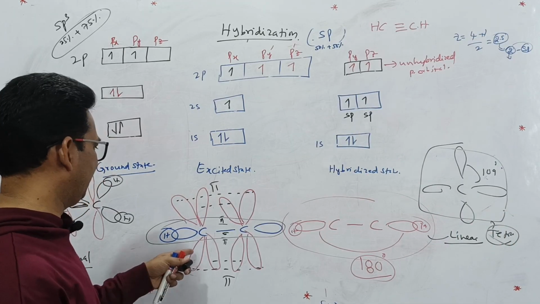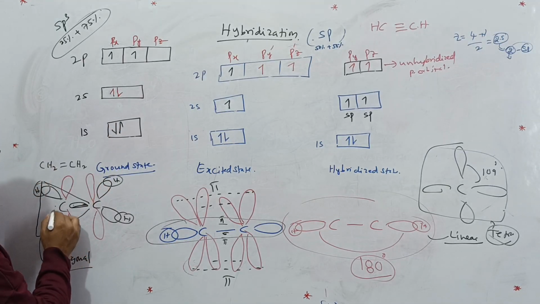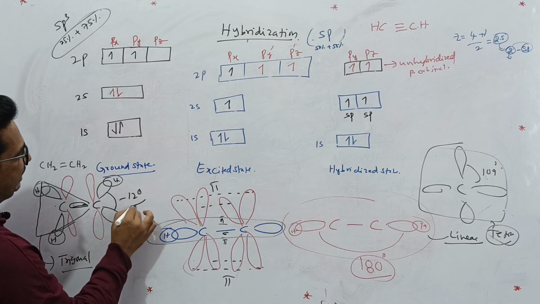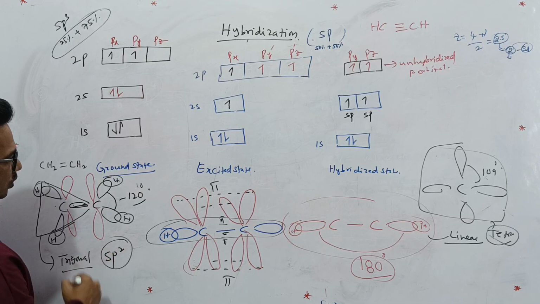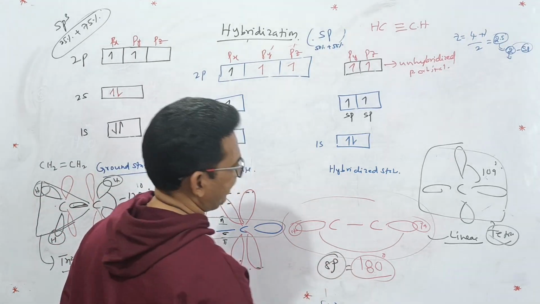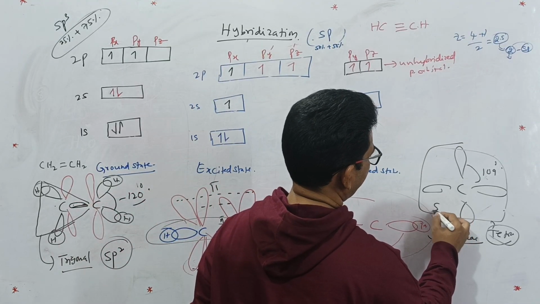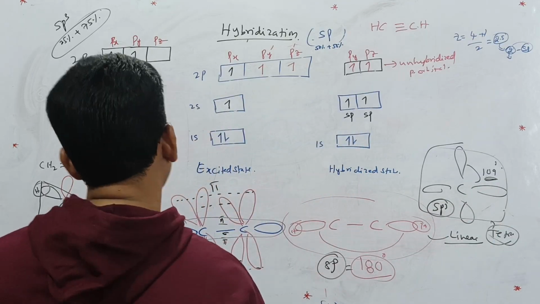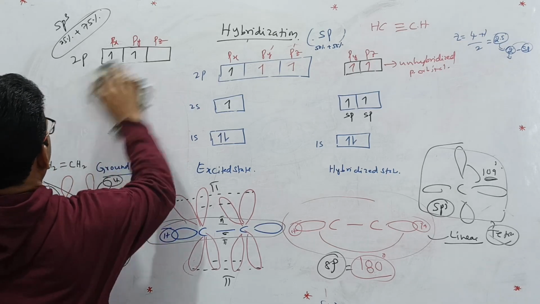Here the bond angle is how much between this? Here the bond angle, how much did I tell? 120 degree in case of sp2, in case of sp, bond angle is 180. Is it right? In case of sp3, bond angle is 109. I hope you understood this hybridization.